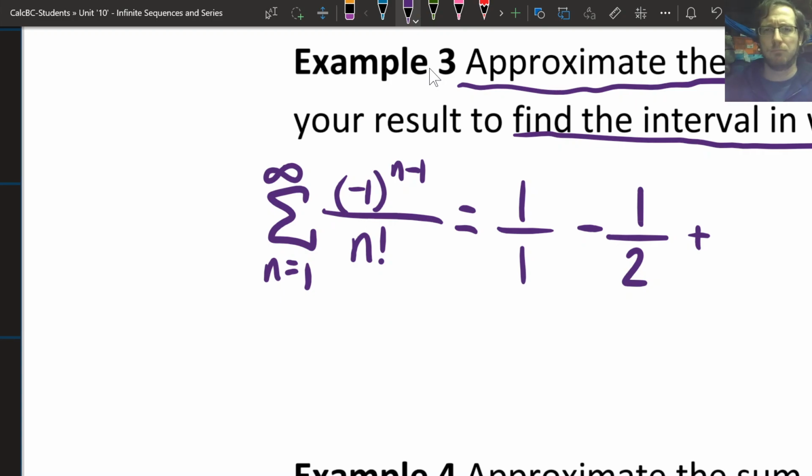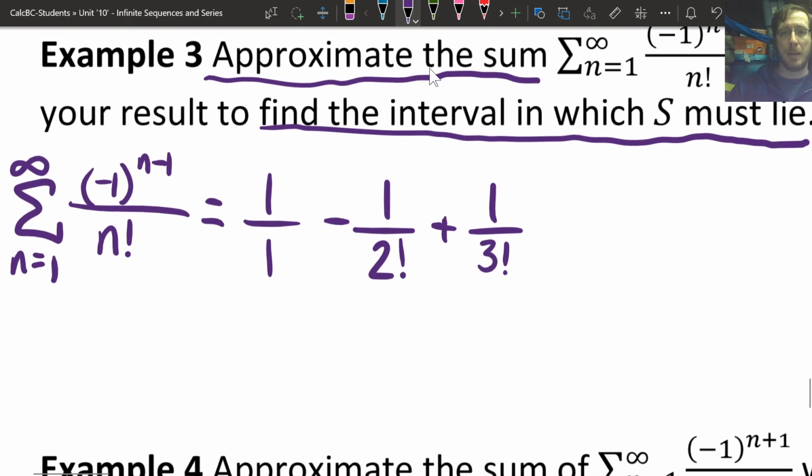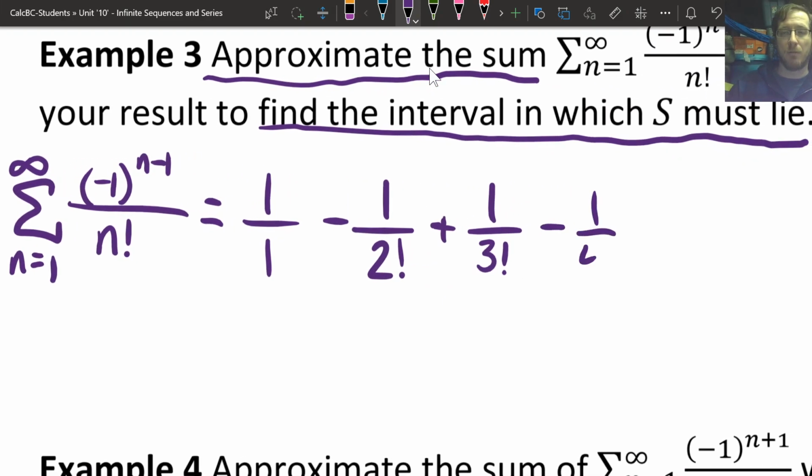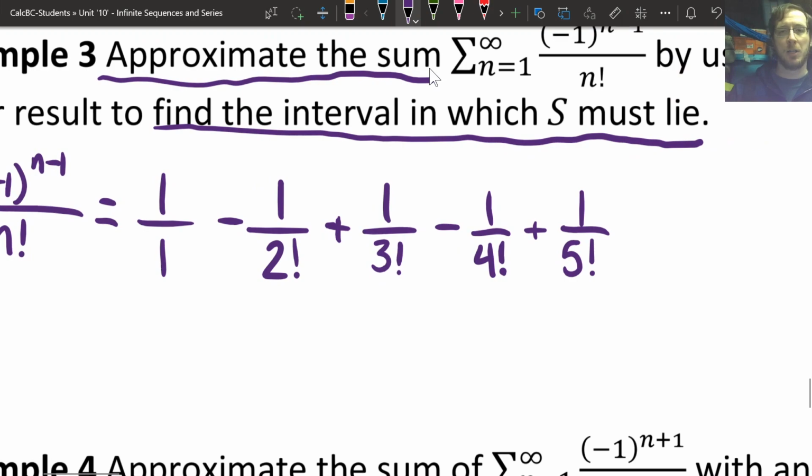For space's sake, I might just go ahead and leave these as factorials. So next one's going to be 1 over 3 factorial minus 1 over 4 factorial. Those factorials start growing pretty quick, plus 1 over 5 factorial. These types of problems are, in general, calculator active problems.